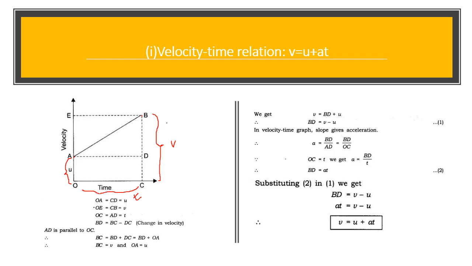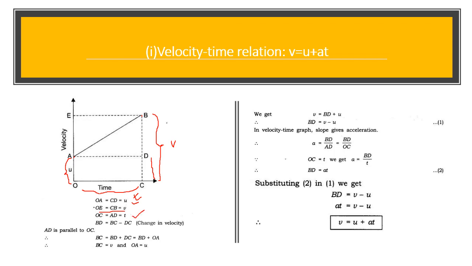I have given here OA is equivalent to CD. It is nothing but U, initial velocity, and OE is equal to CB equal to V, final velocity, and OC equal to AD. This is nothing but time taken.